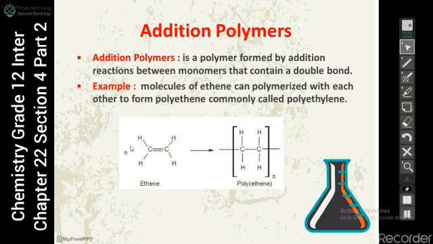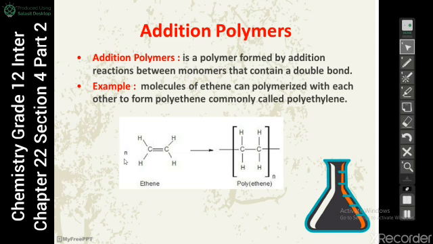which means any number of ethene. We are going to break the double bond, addition reaction, and we are going to connect the ethene to the next ethene, to the right next ethene, and so on. So the letter n shows that the addition reaction can be repeated multiple times to form a polymer n monomers long.